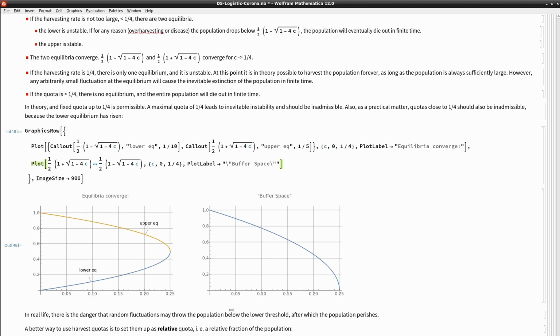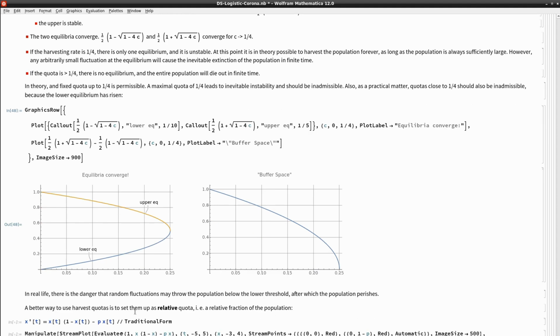And as we approach a quarter, our buffer space is going down to 0. And you see that the difference here between orange and blue goes down to 0 as we are approaching a quarter. So in real life, there's the danger that random fluctuations may now throw the population below the lower threshold, after which the population perishes.